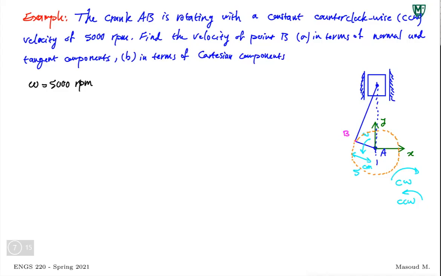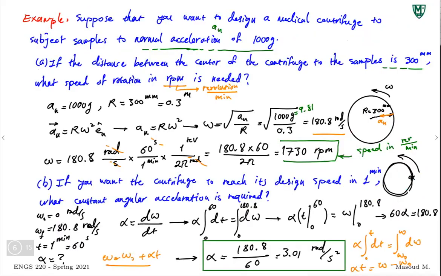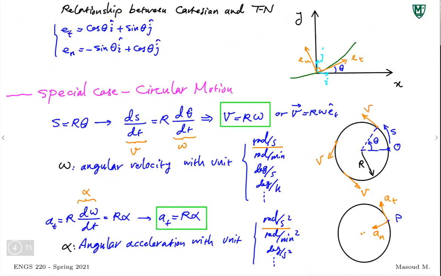Now, we want to find the velocity of point B. We know the angular velocity, omega. If you go back to circular motion, I said V is R omega, and it's always in the tangent direction, tangent to this circle, right?